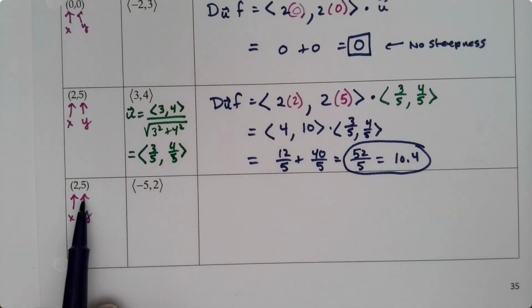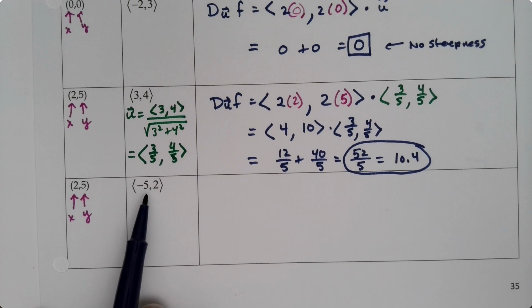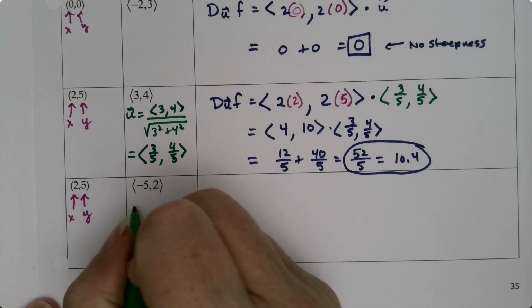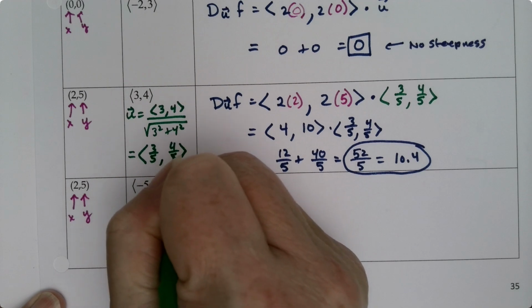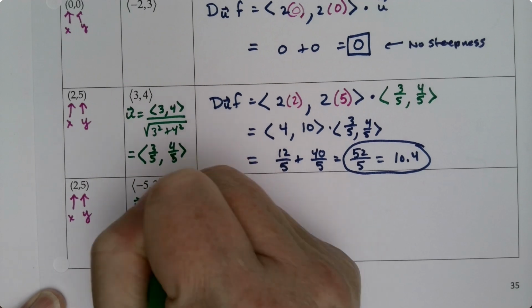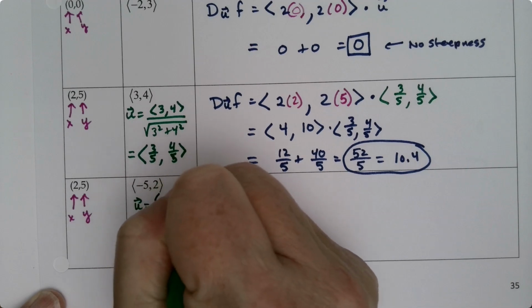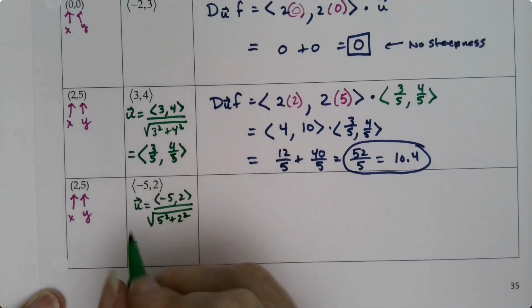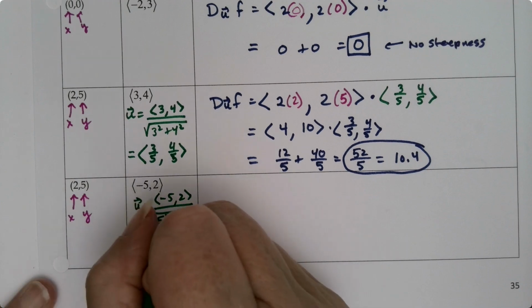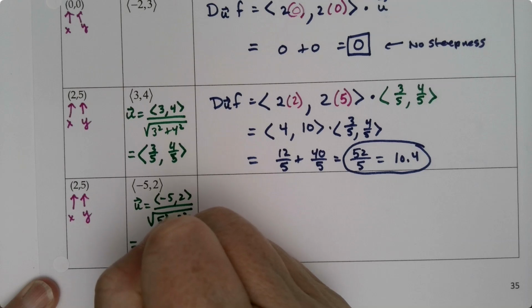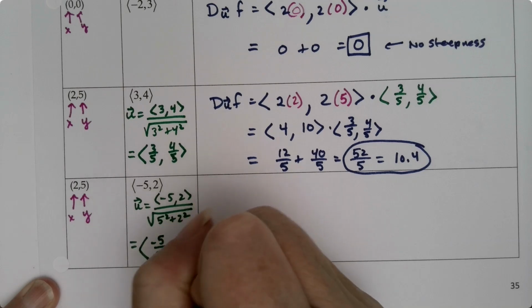What if you start at that same point and go this way and go -5, 2? Then what could happen? Well, first I have to make a unit vector out of it. So -5, 2 divided by the square root of 5 squared plus 2 squared, that's 25 plus 4, so that's 29. So that doesn't make anything nice. It's -5 over the square root of 29, 2 over the square root of 29.